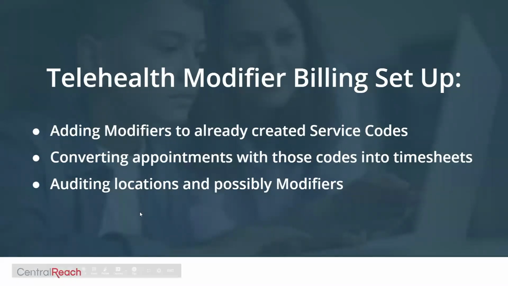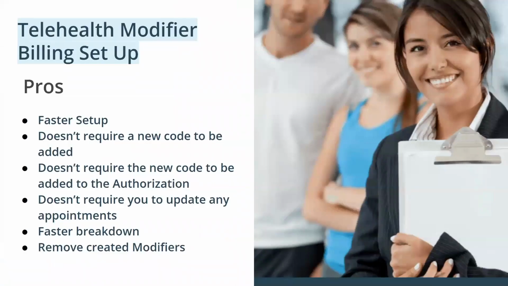And I did want to mention every option comes with its own pros and cons. So let's take a look at the pros for this specific option of adding a modifier. It is going to be a faster setup. It doesn't require a new code to be added. It doesn't require the new code to be added to an authorization. And it doesn't require you to update any appointments.